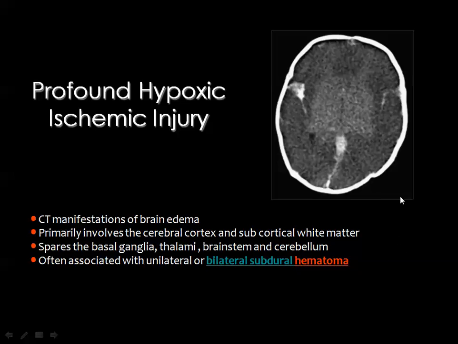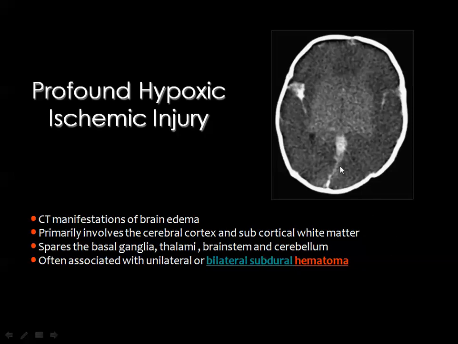This change, as you can see here, shows extensive hypodensity of the brain tissue. There is some sparing of the basal ganglia, and you've got areas of hemorrhage, especially in the subdural space. And you see here hemorrhage in the sylvian fissure and hemorrhage related to the posterior part of the interhemispheric fissure, denoting its subdural location.